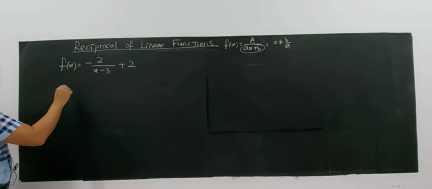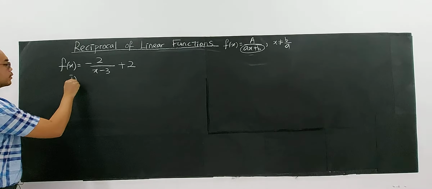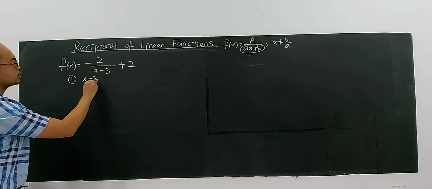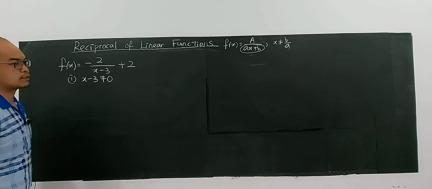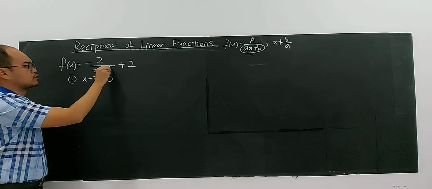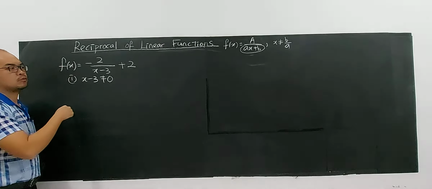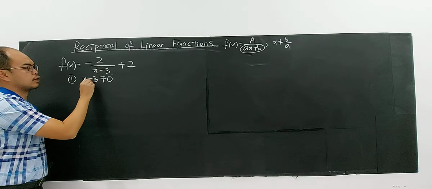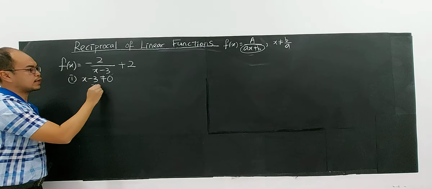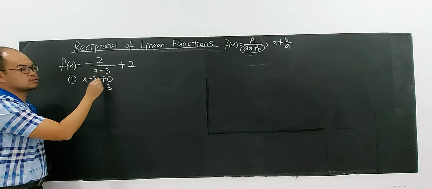The first step will be to identify the domain. The x minus 3 should not be 0. No matter how, for a reciprocal function, this is the part that decides the output, so this is your input. So x minus 3 cannot be 0, so x cannot be 3, because if you put 3 minus 3, you will have 0.